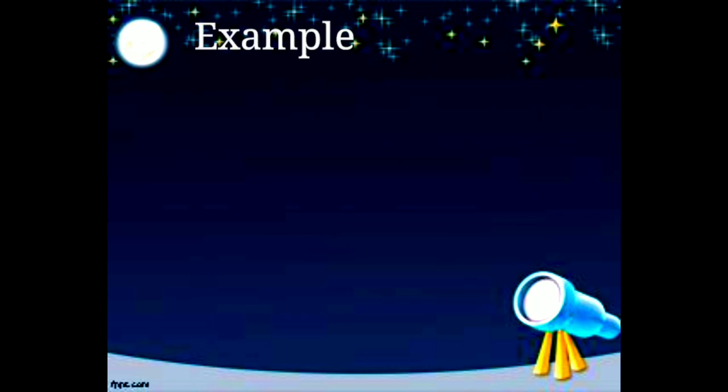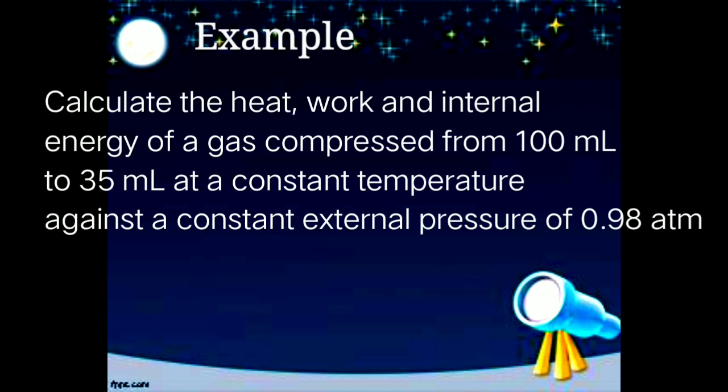For example, find the heat, work, and internal energy of a gas compressed from 100 ml to 35 ml at a constant temperature against a constant external pressure of 0.98 atm.